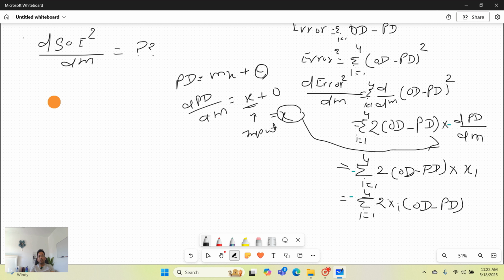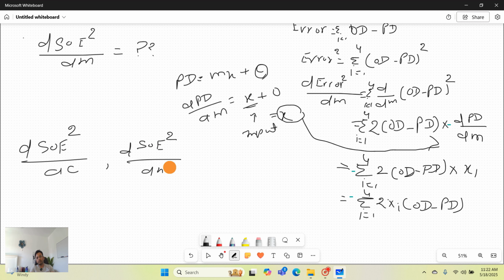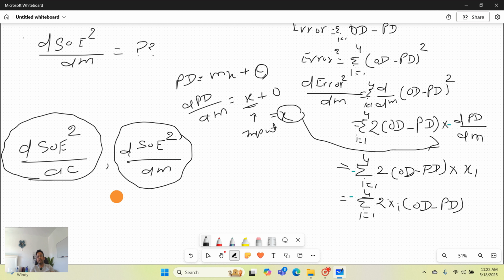So now I know that I have two things. One is d(sum of error square) by dC and the other is d(sum of error square), the summation of error, derivative corresponding to slope. Both of these errors need to be minimum now. So I will try to find the combination of different values, put the values into the formula, and figure out where I can get the minimum value of C and m.